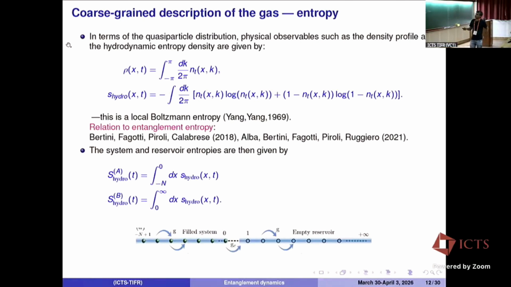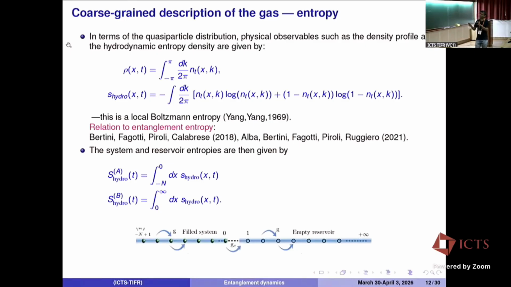Given this local entropy density, I can integrate it over the system part, and this is what I'll call the hydrodynamic entropy of the system. I can also compute it in the reservoir by integrating over the reservoir x, and I'll get an entropy for the reservoir. So this is what I can do from hydrodynamics.